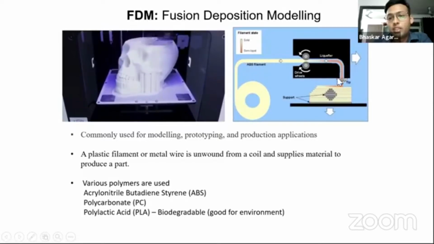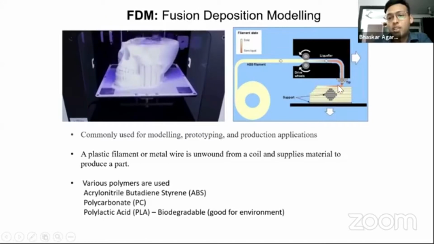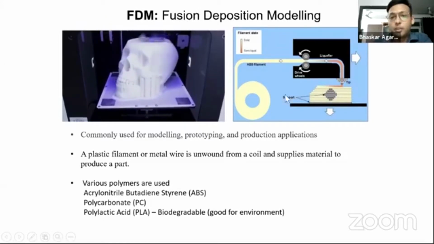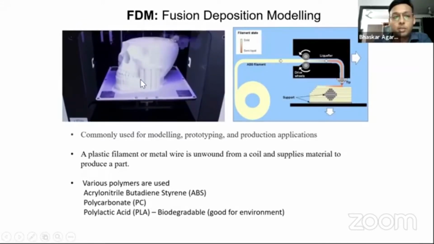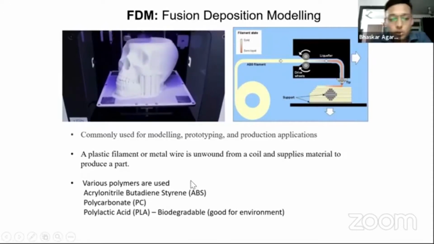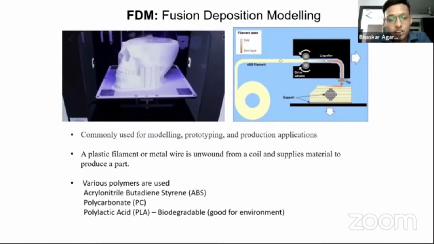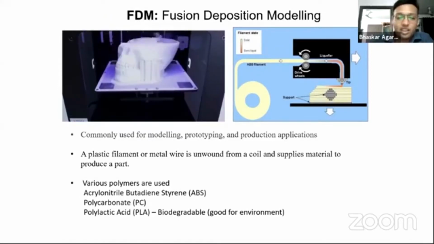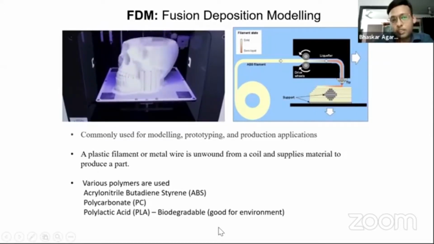It liquefies at a temperature of around 260 degrees Celsius, and it is extruded layer by layer, and the object is printed just the way it is seen in this image. Various polymers are used in making this, like acrylonitrile butadiene styrene, polycarbonates, and polylactic acid. Polylactic acid is biodegradable, and it is environment friendly.